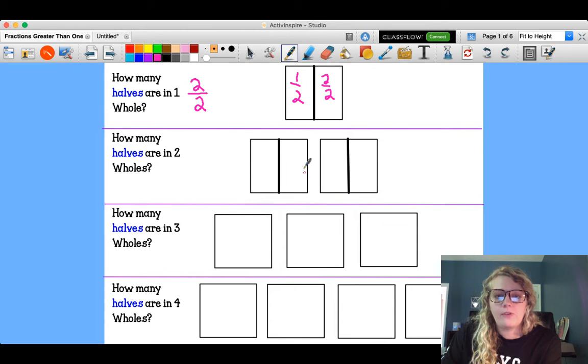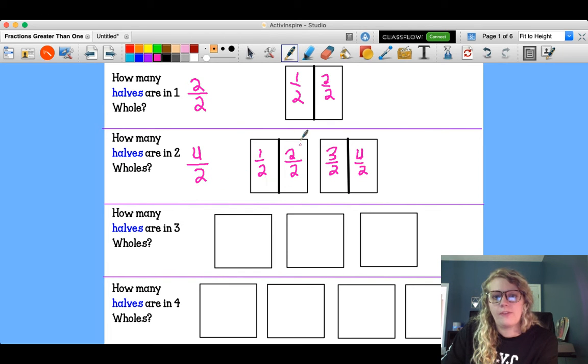This is going to look very similar to what we already did up here. So it's 1/2, 2 halves, 3 halves, and then 4 halves. Because we've already counted these 2 halves, so we're adding another half. So we have 3 halves, and then we're adding another half, and now we have 4 halves. So over here, how many halves are in 2 wholes? We have 4 halves make up 2 wholes.